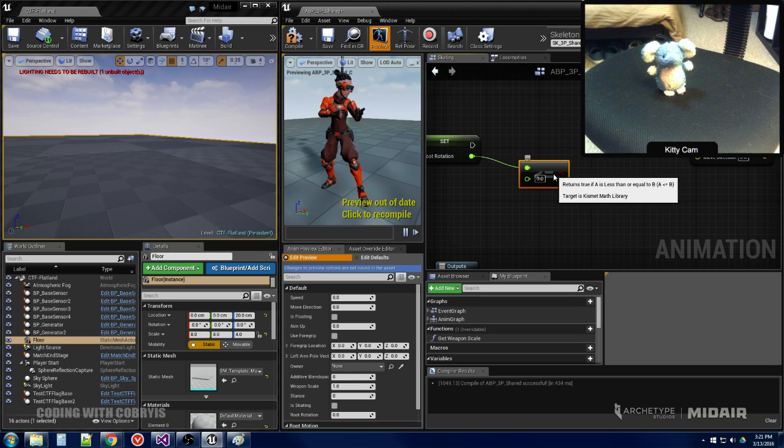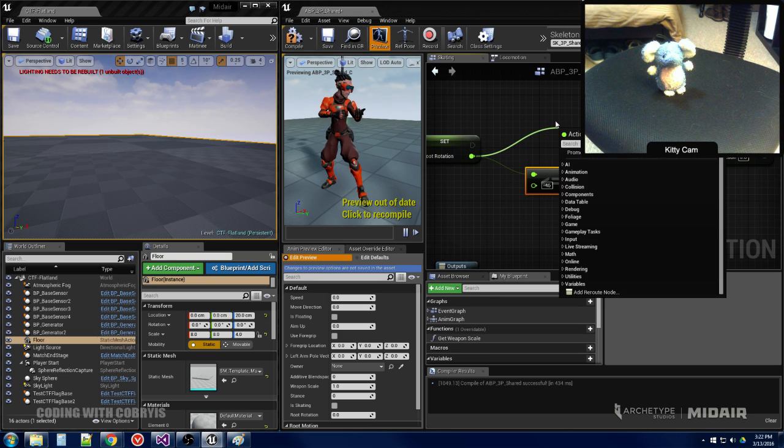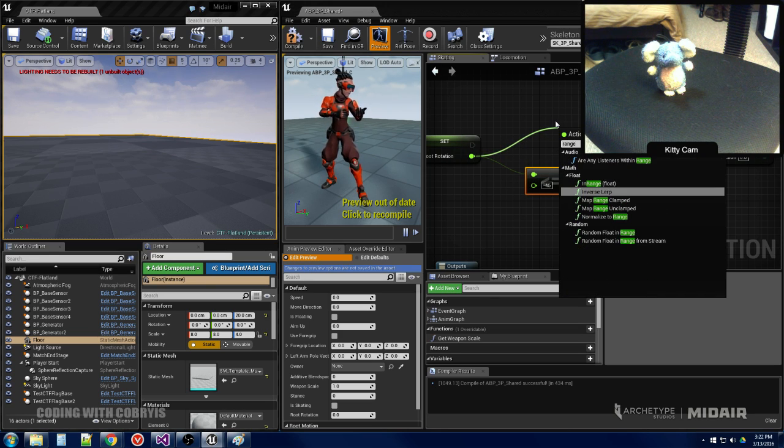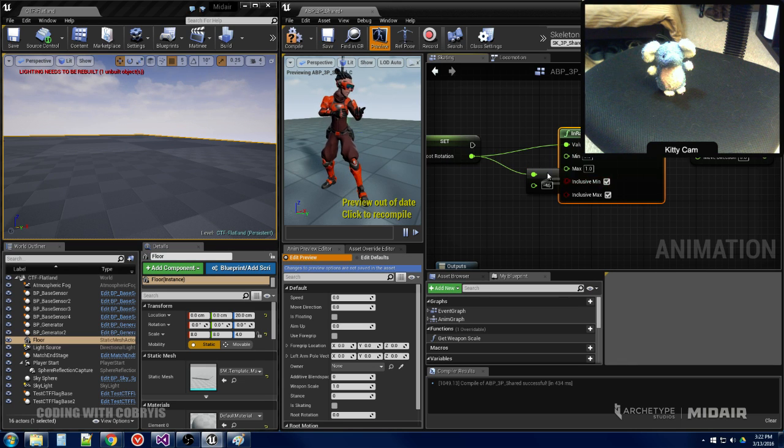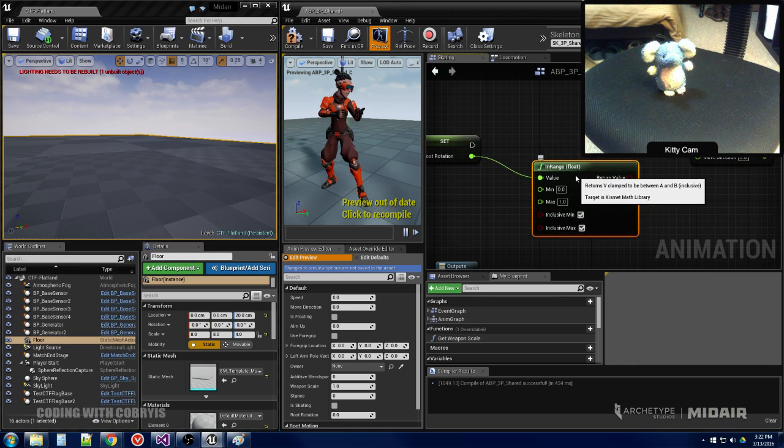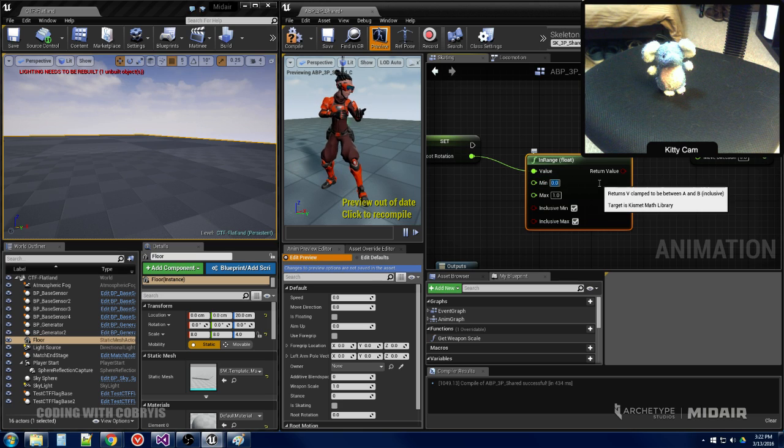So, what do we say? If we're less than -45, let's do, there might be another one. Range. In range, this is better. Okay, the minimum is -45. The maximum is 45.